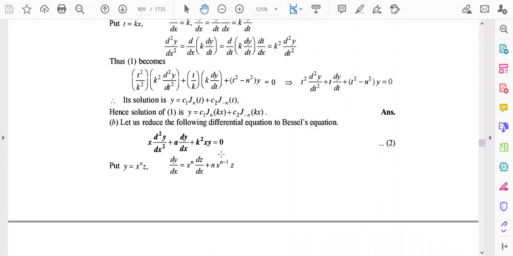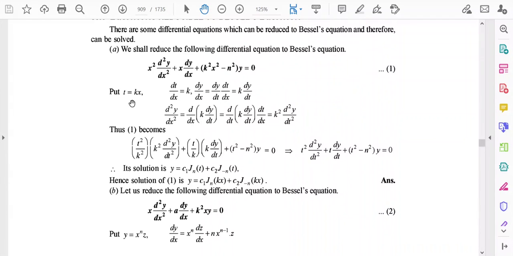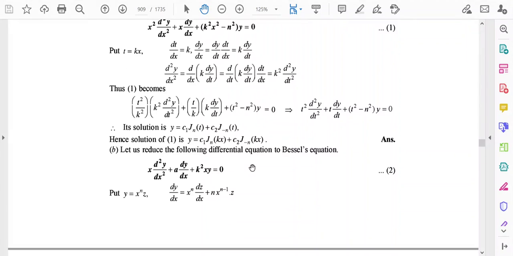This equation can also be reduced to the original form of Bessel's equation after some substitution, and we have to know the tricks of the substitution in each case. For example, in the previous case we assumed t is equal to kx, and dy by dx was replaced in terms of dy by dt.